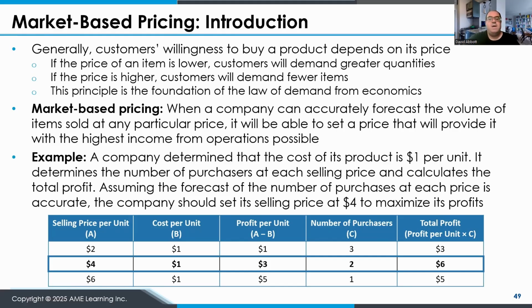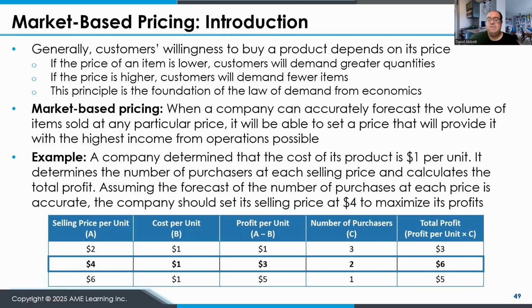Market-based pricing is when a company can accurately forecast the volume of items sold at any particular price, then it would be able to set a price that will provide it with the highest income from operations possible. If a company has determined that the cost of their product is going to be $1 a unit, it determines the number of purchasers at each selling price, and it calculates their total profit.